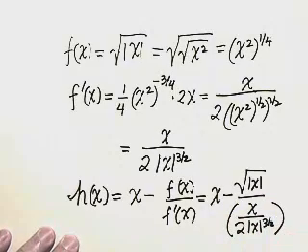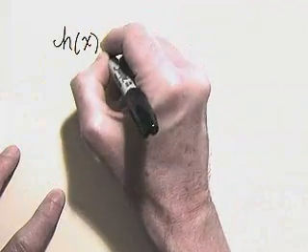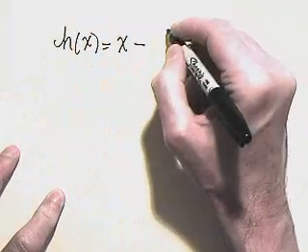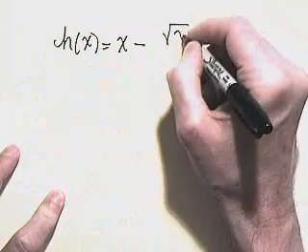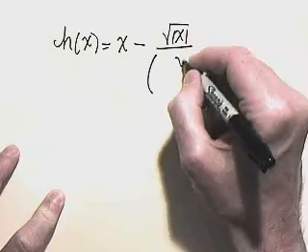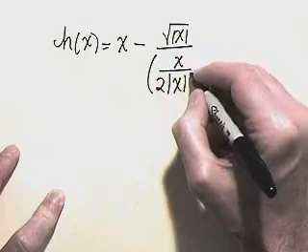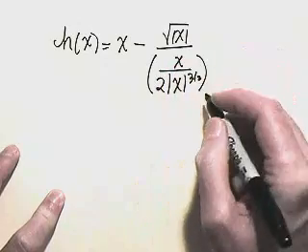So that's what we want to simplify. So let's look at that one then. H of x is equal to x minus square root of absolute value of x divided by the quantity x over 2 absolute value of x to the 3/2 power.